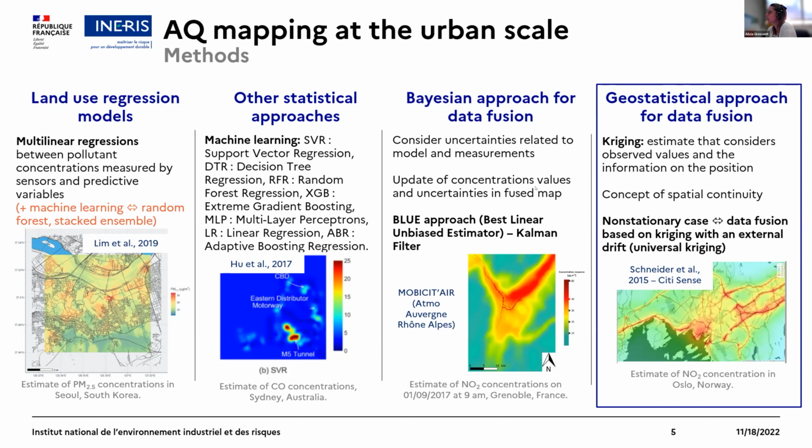The last family of approaches that I wanted to present today is the geostatistical approach, so kriging. I'm going to give you some more details about kriging, because this is the method we use for our data fusion procedure with the sensor observations. Here is just an example for NO2 concentrations in Oslo, in Norway. I'm going to detail this kriging approach in the following.